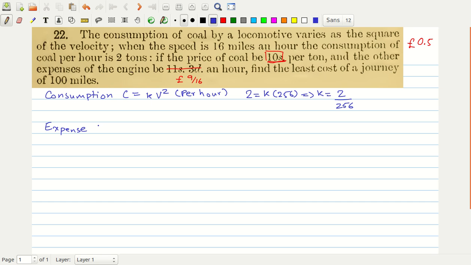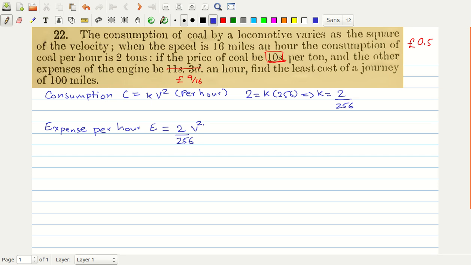Let us call the expense per hour E. This will be the amount of coal that you use in 1 hour, which is K v square, and we already know K, so it is 2 by 256 v square, where v is the speed of the engine.